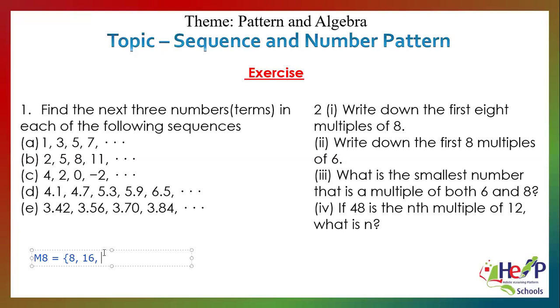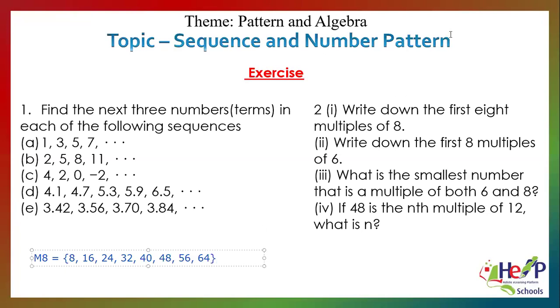You can end up doing Roman number 2. Ayo, you can proceed. 24, 32, 40, 48, 56, and 64.